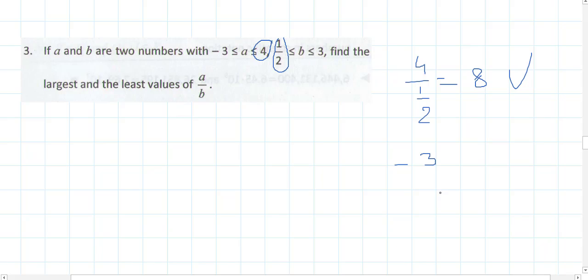But this is negative 1, so we need to take here also 1 over 2, and it is minus 6. So this is the least value. We cannot take 3 because minus 3 over 3 is minus 1, and we have minus 6 also as the least value of this fraction.